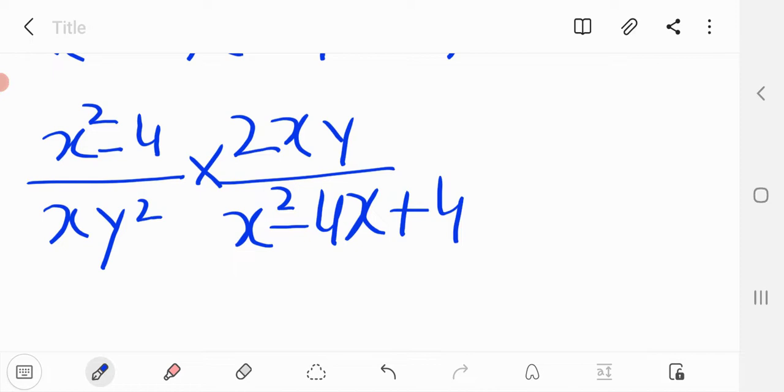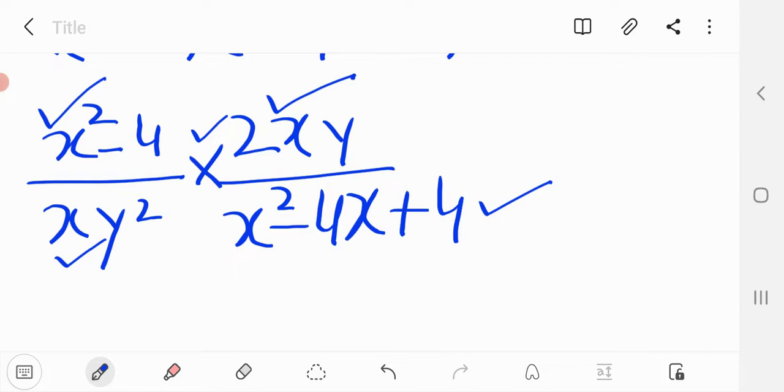In this algebraic fraction, as we know, there is a multiplication sign in the middle. Whenever there is a multiplication sign, the only possibility to solve such a question is to multiply the numerator with the numerator and the denominator with the denominator. But before multiplication, if any terms in the numerator and denominator are the same, they can be cancelled.